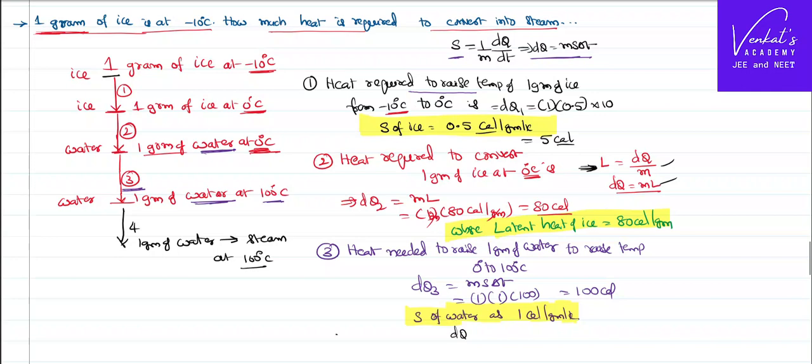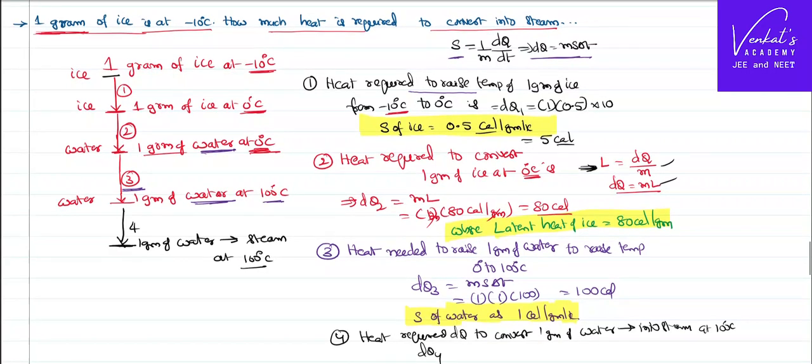So let me write that. Heat required to convert 1 gram of water into steam at 100 degrees centigrade, I can call dq4.